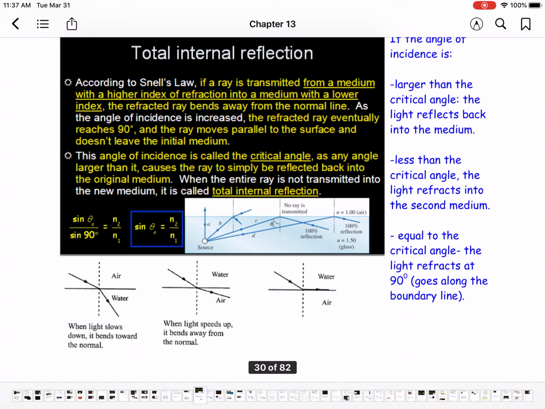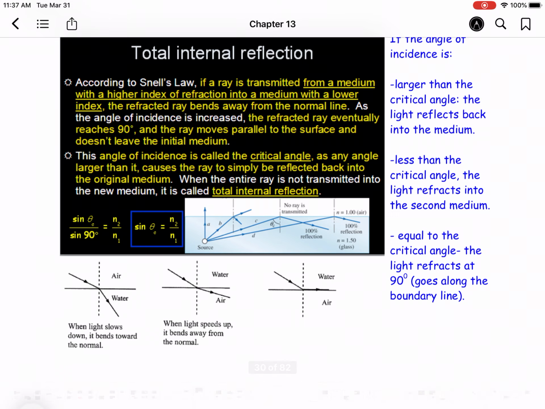So we use this concept of 90 degrees. If it's going to give us exactly 90 degrees, it would come and look like this. 90 degrees means it'd be at 90 degrees from the normal, which is right here, and so it would basically stay inside. Anything greater than that angle, anything closer to this, would result in a reflection.